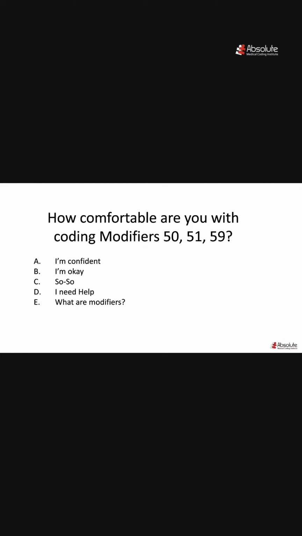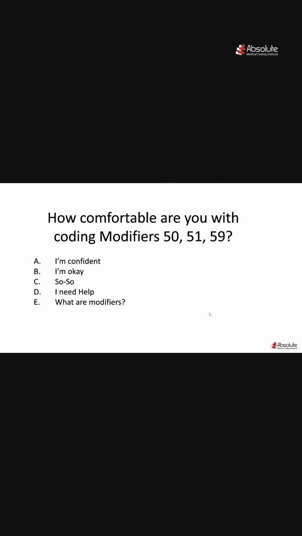All right. So a lot of people said C. I'm locking in on that. And the person that said E, welcome. Modifiers are the 2-character code that is often appended to a CPT or HCPCS Level 2 code, and they just kind of modify the story of the code.